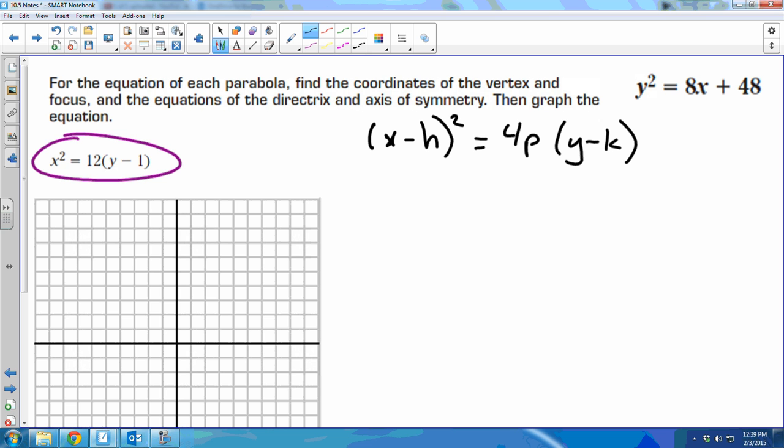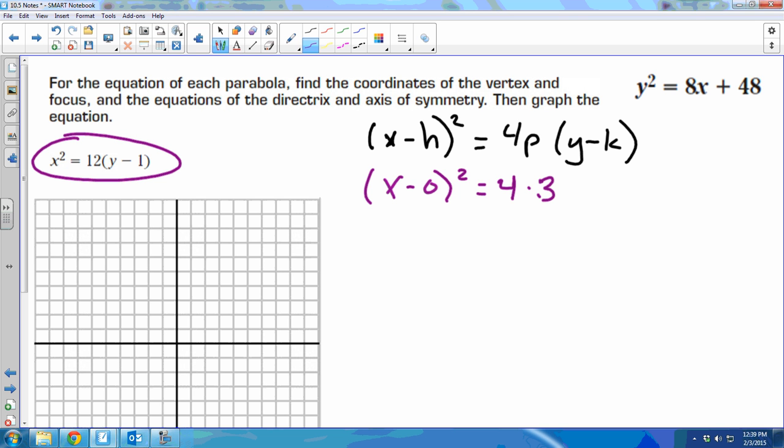Now, if I have x squared, and it's supposed to look like x minus something squared, then what did I subtract? 0. So I should have x minus 0 squared for the first part. Then there's a 12. It's supposed to be 4 times something. So what? 4 times what? 3. So I have 4 times 3.